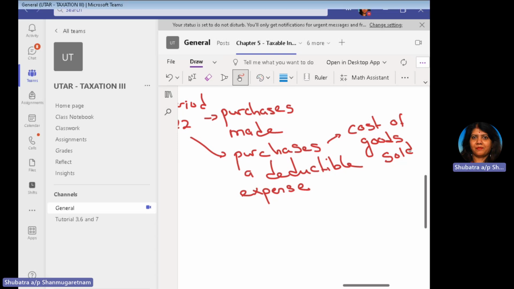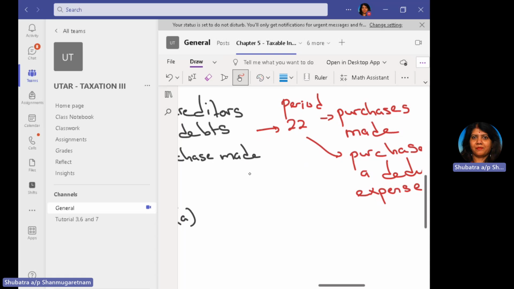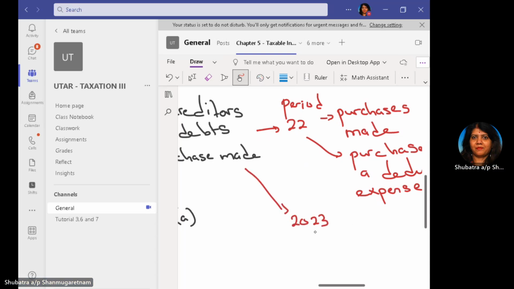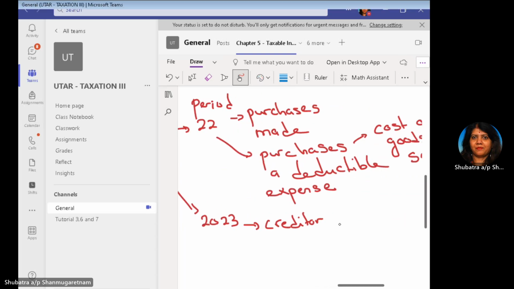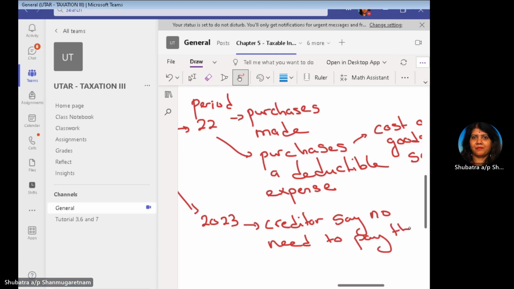All right, now say in 2023, your company went through a lot of problems. So now, creditor says no need to pay the debt.